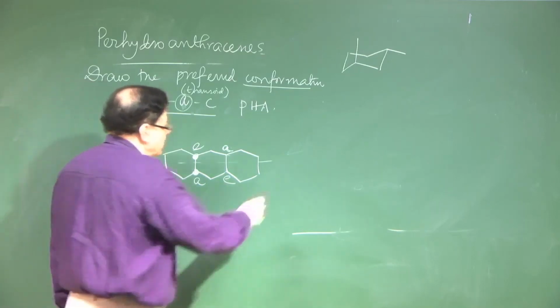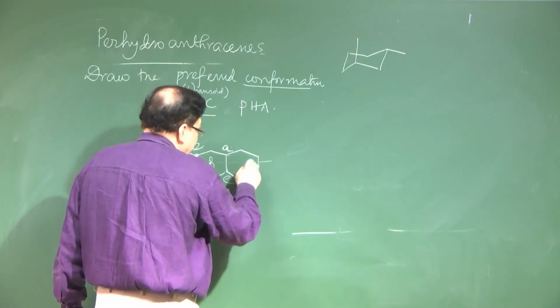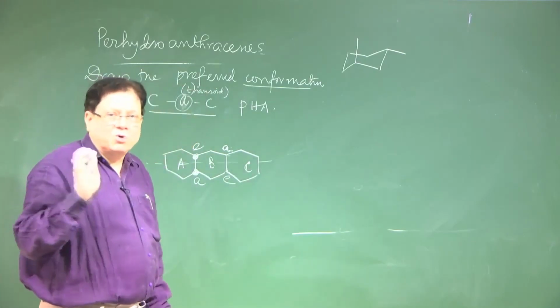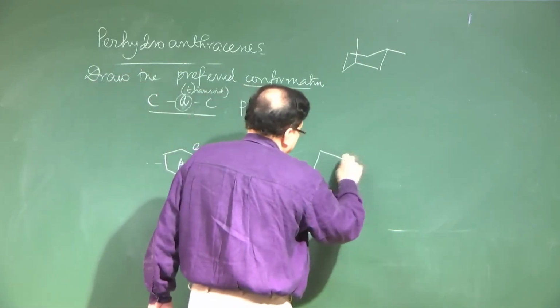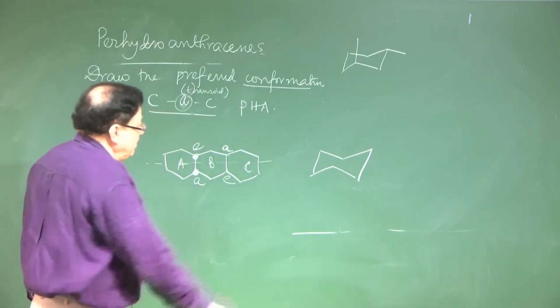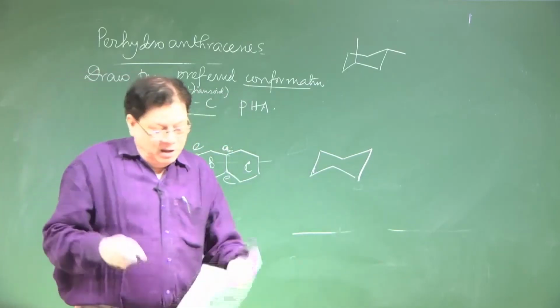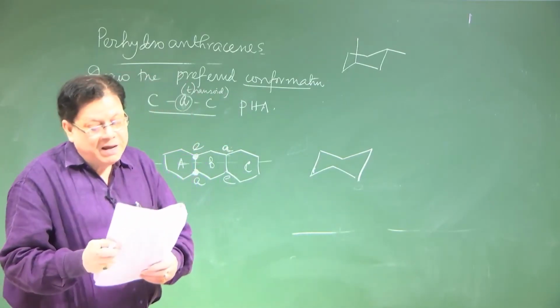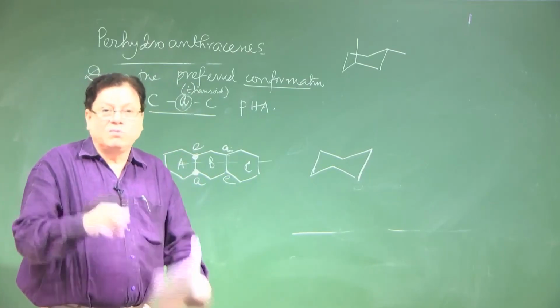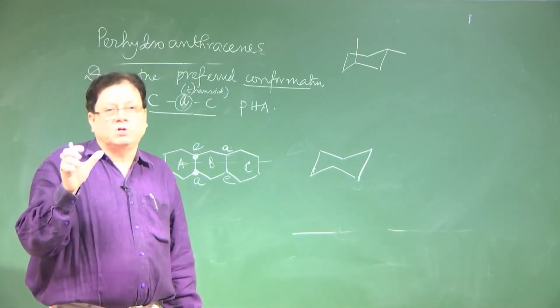So, equatorial, axial, and this has to be equatorial, because this is a cis ring junction. Now you draw the B ring first, do not draw the A ring. The trick is to draw the B ring first, in the chair form. Sometimes there may be some problem, as I said, there is one molecule which was basically TAT, for which the middle ring was in the skew boat or twist boat form.